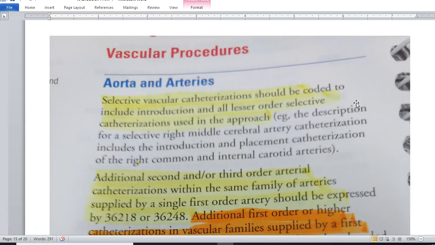Selective vascular catheterization should be coded to include introduction in all lesser order selective catheterization used in the approach. Example, the description for a selective right middle cerebral artery catheterization includes introduction and placement catheterizations of the right common and internal carotid arteries. So remember, the difference between selective and non-selective catheterizations is whether or not we are moving the catheter from one vessel into the branch of another.